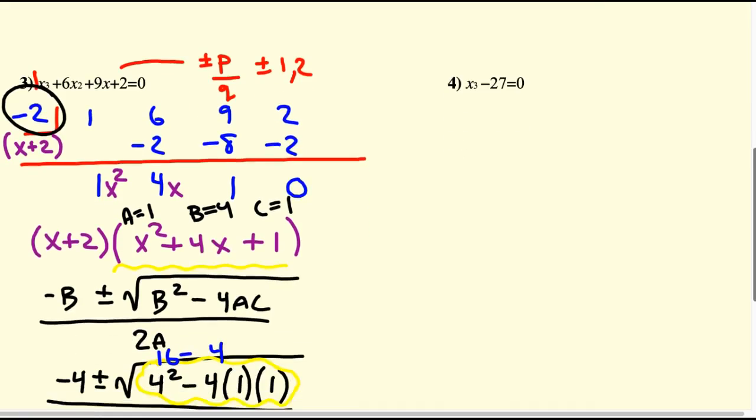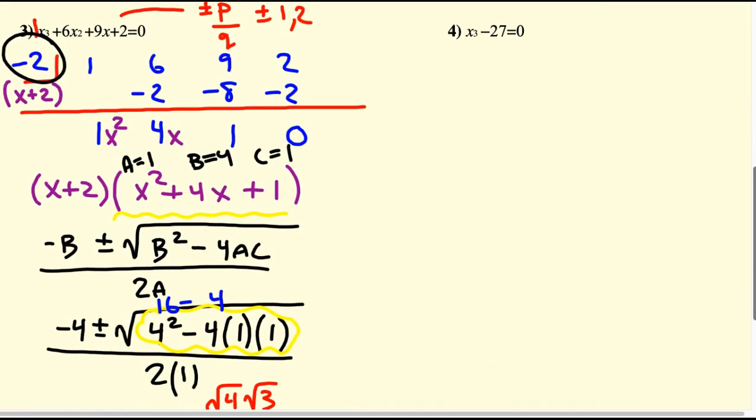Okay, the last one is the difference of cubes. So that is going to follow the identity for that, which is a cubed minus b cubed is always equal to a minus b times a squared plus ab plus b squared.